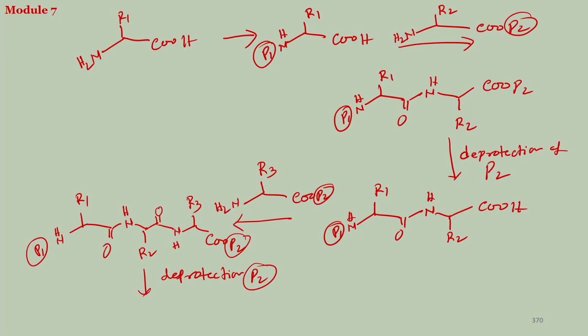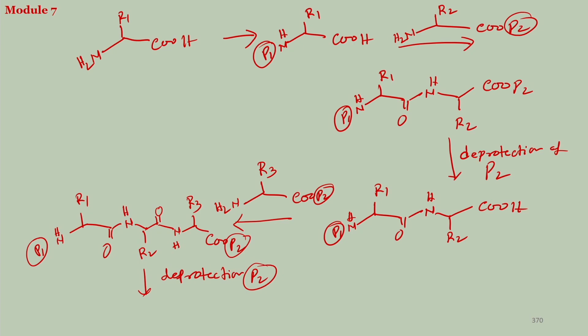It can be done other way around also, where you start with the protected carboxylic acid and do the reaction on the amine part. So, this I think the other way around, where we will have protection on the amine, not on the acid, and that is mostly used.